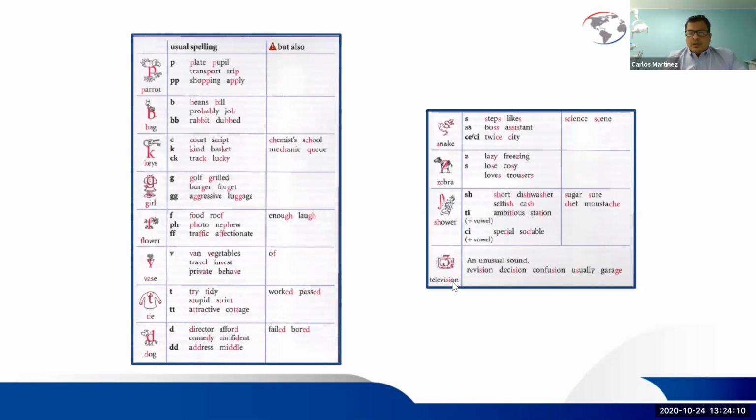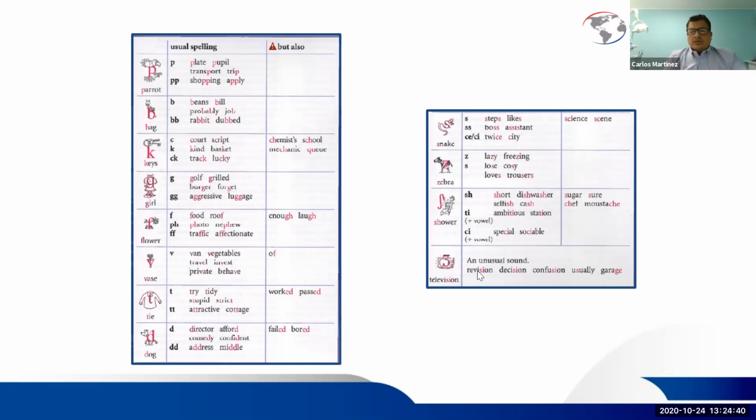Okay, and then we have the sound in television, and this is an unusual sound, and normally it can be with the SI, right? Revision, decision, confusion, or only the S sound usually, or here, even though it's a GE, it pronounces this sound: garage, okay?